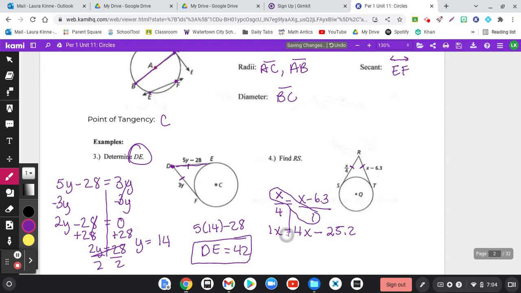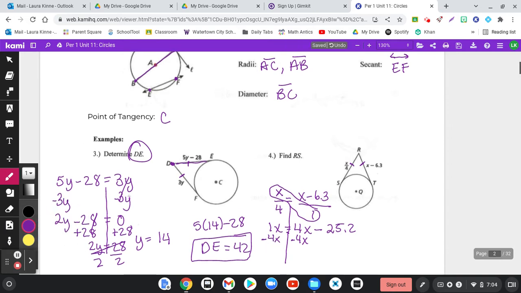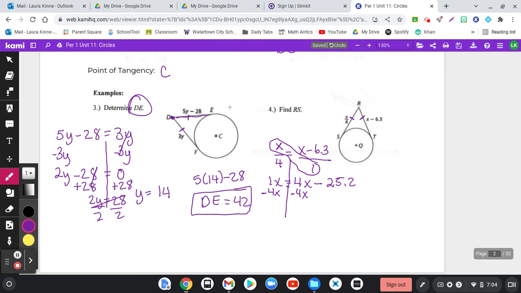Now, we want to get the x's together. I'm going to go the other way with it. 1x is already by itself, so I can subtract the 4x, which is probably the way I would have done it over here as well. But I'll show you both ways. You're left with negative 3x equals negative 25.2. And then you just have to divide by negative 3.